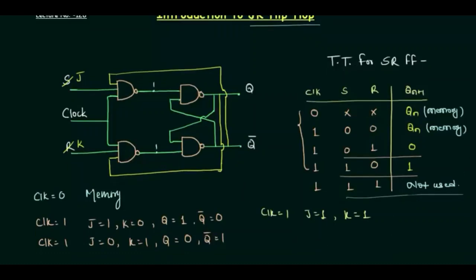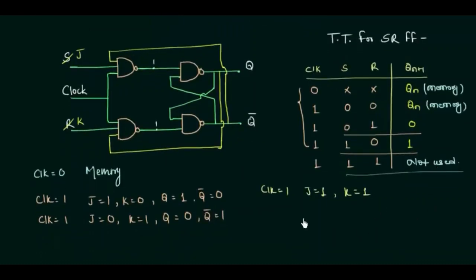So before actually writing the values down, we have to do the analysis in this circuit, and for that I will assume Q as 0 and Q complement as 1. So let's write it down. Q is 0 and Q complement is 1. Now you can see that Q is given as one of the inputs to this gate and the value of Q is 0. So here I am having 0. My K is 1, you can see, so K is 1.